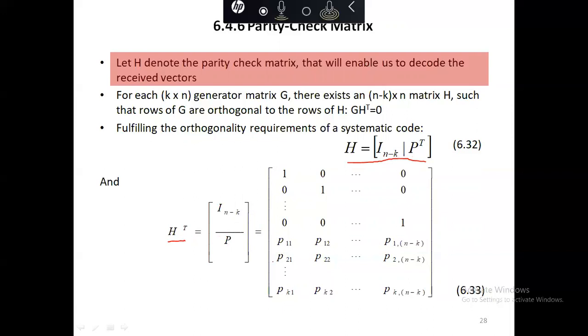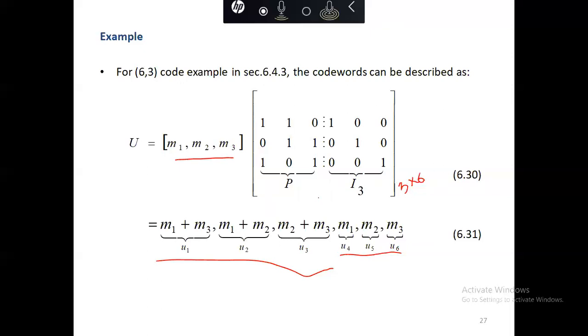So first go back and see how we can do it here. This is the I3, which will be converted to I n minus k. So n minus k is also 3. You have this at the top, and this message will be transposed, in a way that the row will be converted into a column.